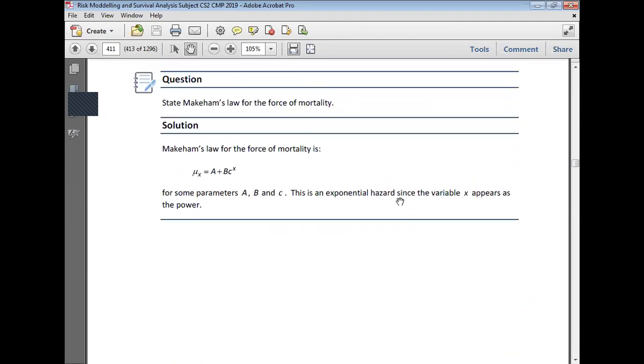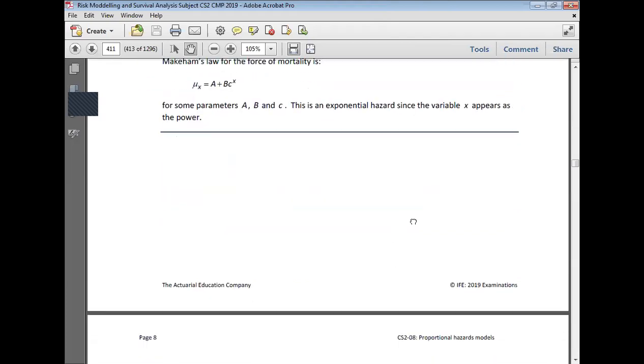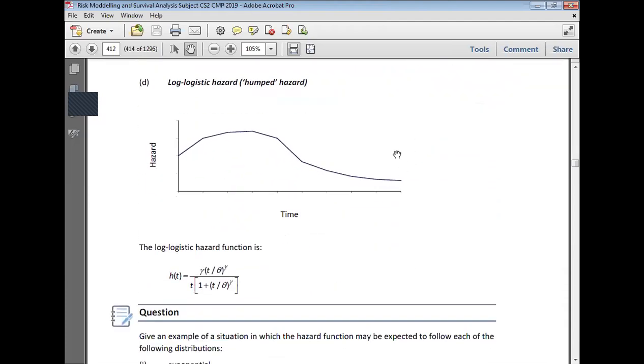There is actually a very nice reason why we always use e and not 2, 3 or something else, which has a precise value known to us. That's to do with the conversion in the basis. But all right, the next model that we can also have is the log logistic hazard. But again, these are not the only models that we can have.